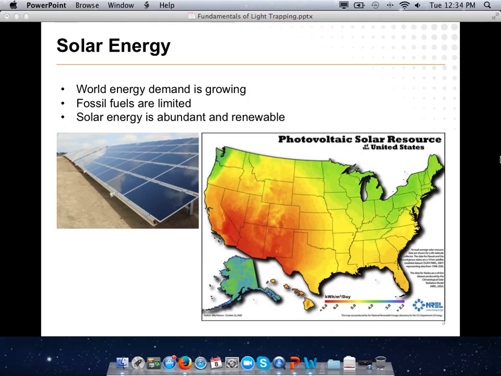So let's give a little background in solar energy. This is a really fun slide because it shows a mapping of the solar energy resource available across the continental United States. The units down here are kilowatt hours per square meter per day. It's compiled by the National Renewable Energy Laboratory, or NREL.